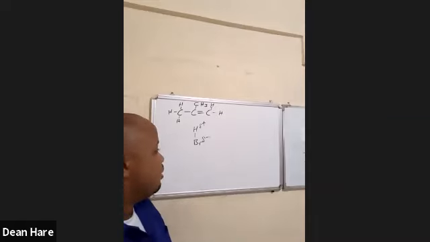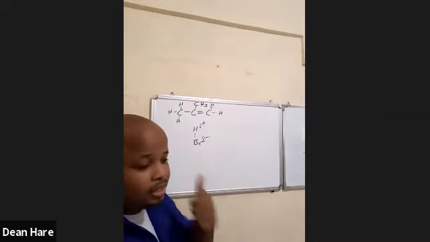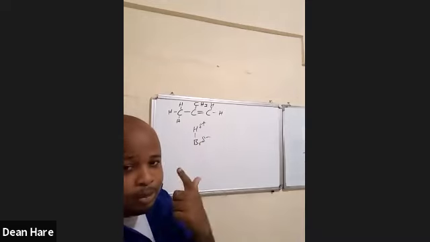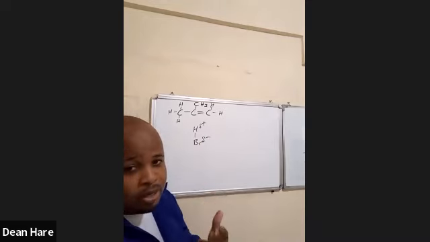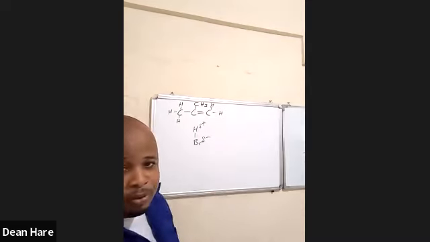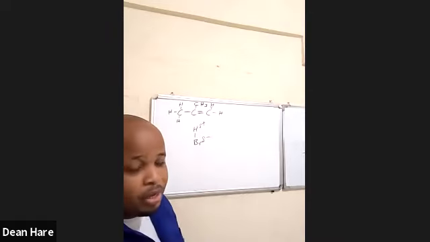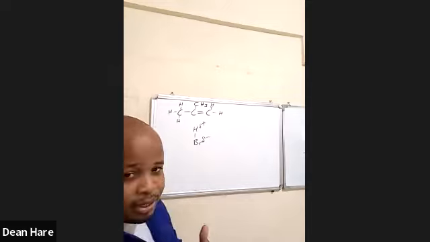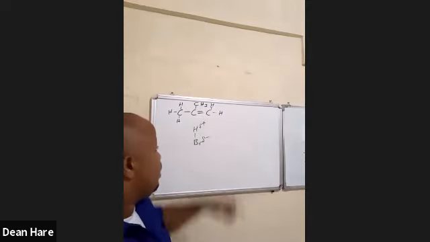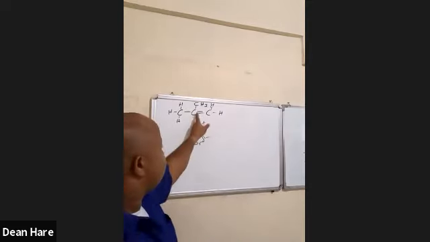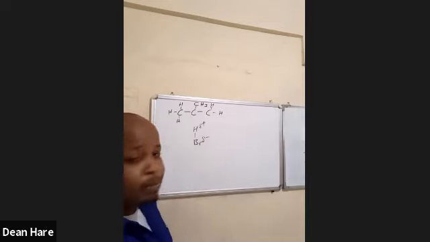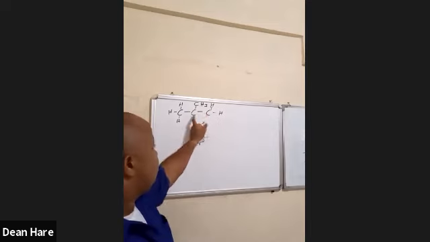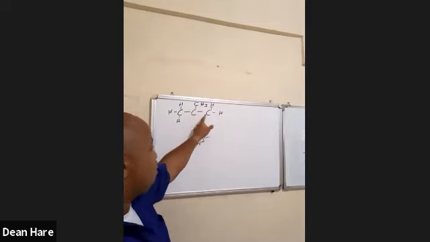So remember, every double bond consists of a sigma bond and a pi bond. The pi bond is basically a lone pair of electrons because it is not involved in the actual bonding between the carbon atoms. The sigma bond, the single bond, is what holds the carbon atoms together.